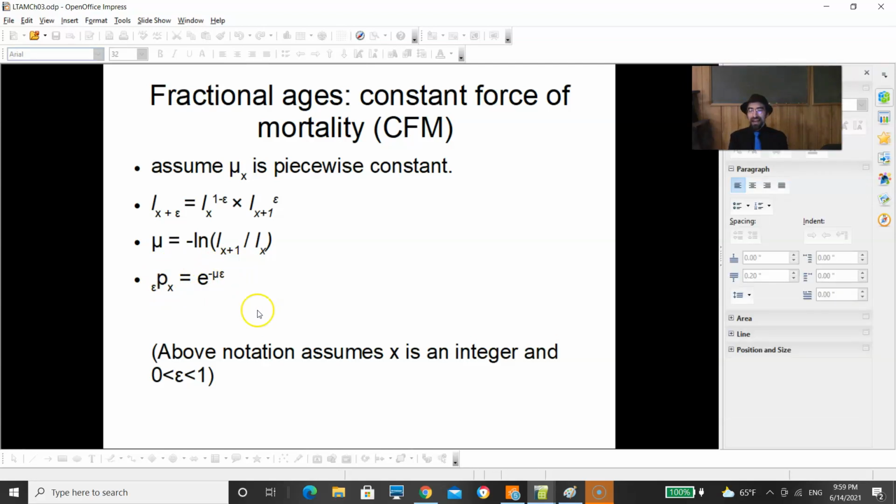Okay, sorry about that. I just fixed a typo that you probably saw before. Epsilon px equals e to the negative mu epsilon. If you were looking at that 30 seconds ago and scratching your head saying, wait, this doesn't seem right, yeah, it wasn't right. I made a mistake. This should be p sub x.